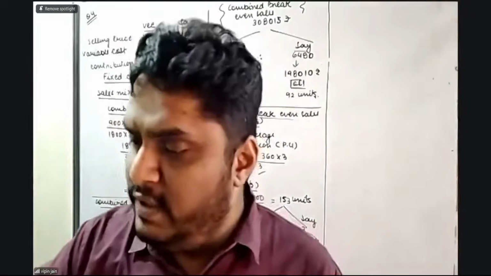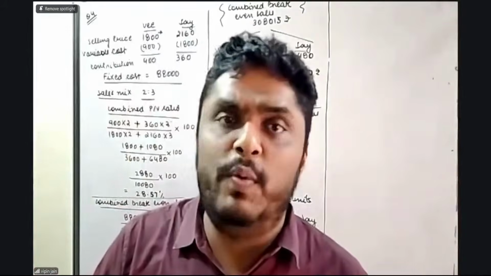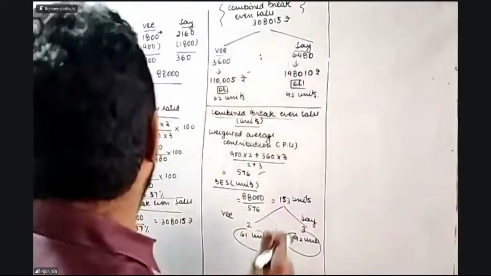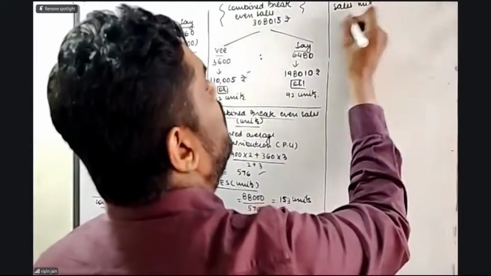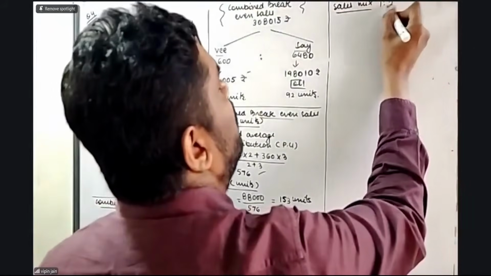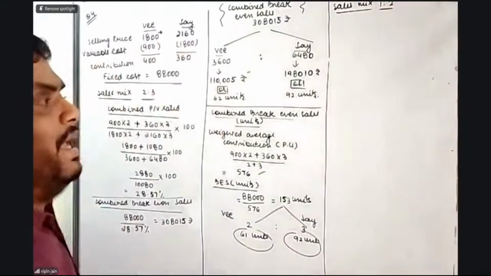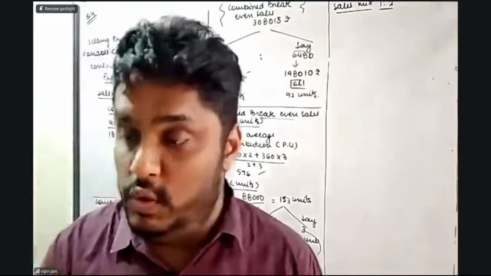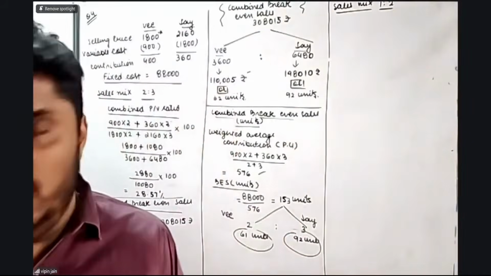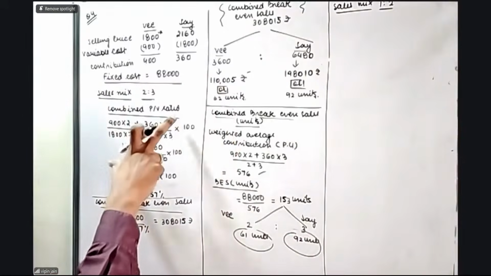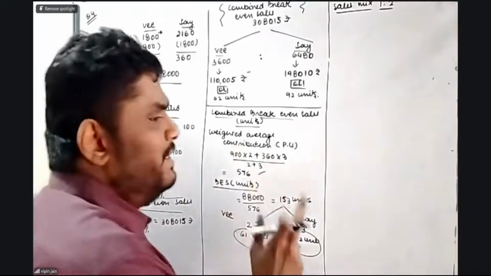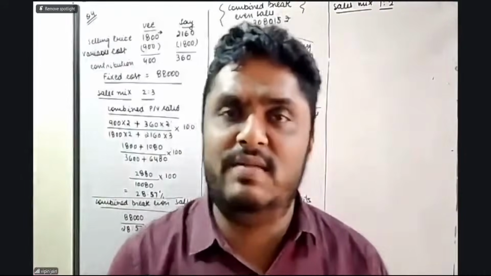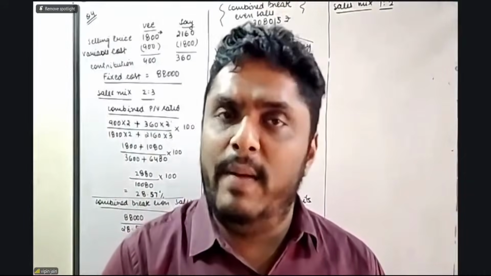Now, giving you 3 to 4 minutes time, I want you guys to post your answer if the sales mix is 1:2. You have to follow the same process, combined PV ratio, combined break-even sales. So you have to calculate the same answers. If the sales mix is 1:2, what will be the combined PV ratio?